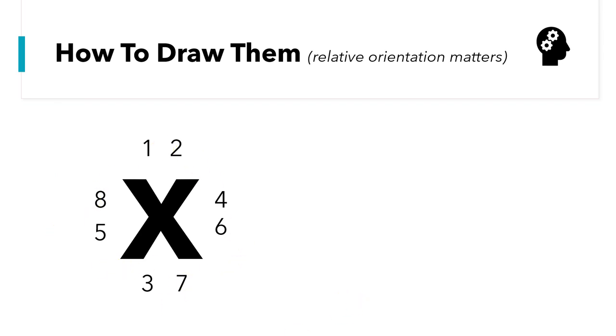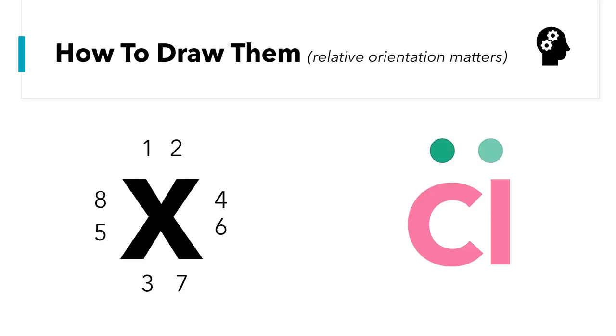What that looks like when I actually want to do it is, if I have chlorine, I can fill it in like this. Chlorine is in group 17 or 7A, so it has 7 valence electrons. But like I said, it's not so much that the exact orientation matters. I don't need to put 1 and 2 up here. Instead, I can shift it around, and maybe I want that lone electron to be at the bottom.